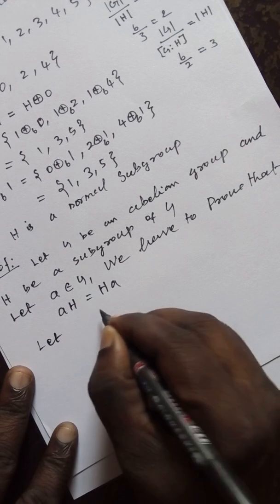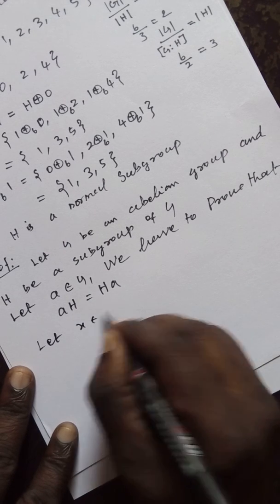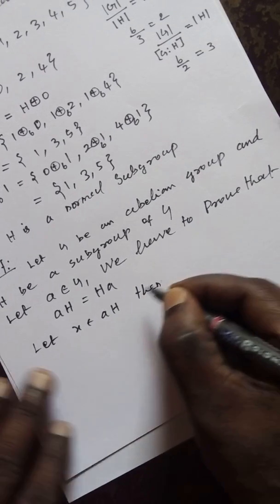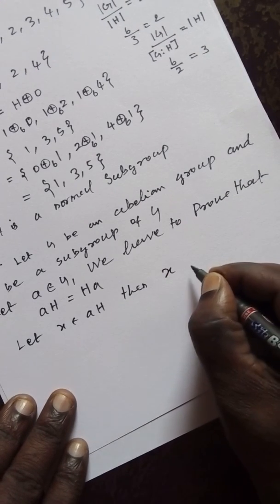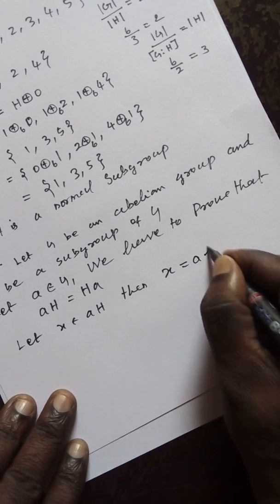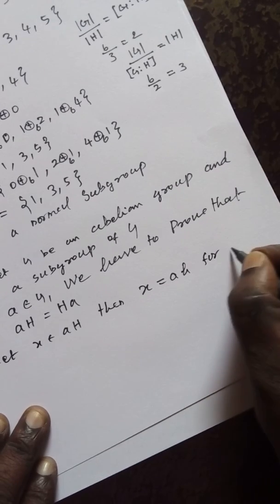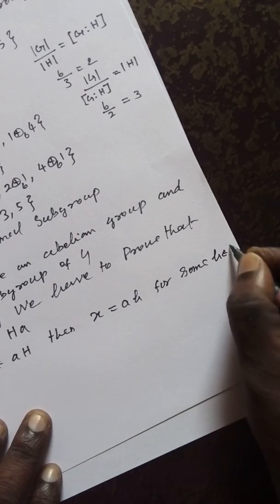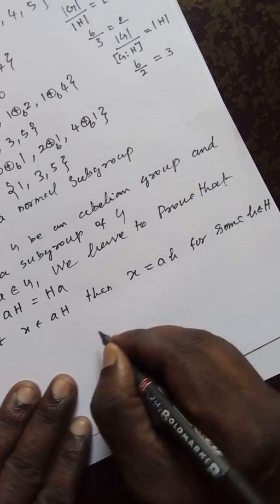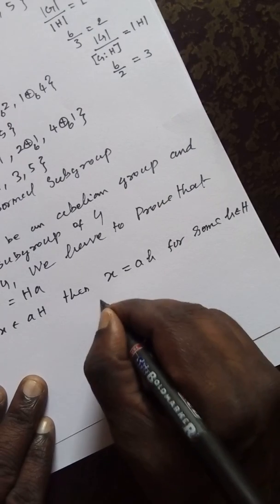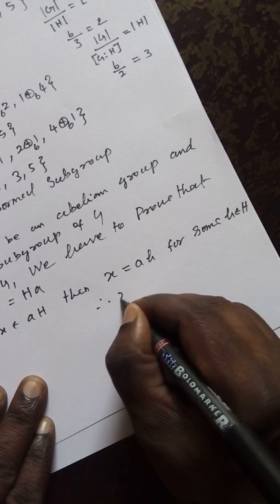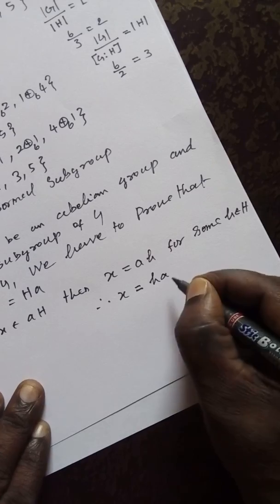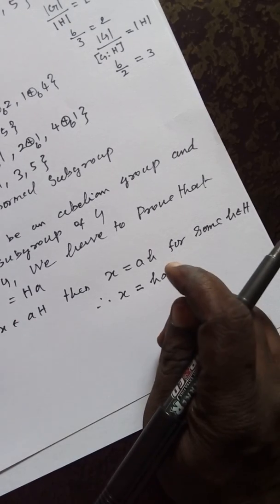Let x belong to aH, then we can write x as ah for some h belonging to H. This means x can be written as ha because G is an abelian group.